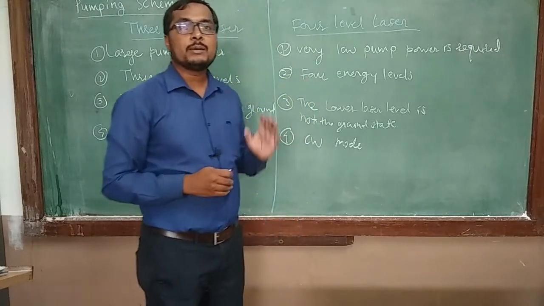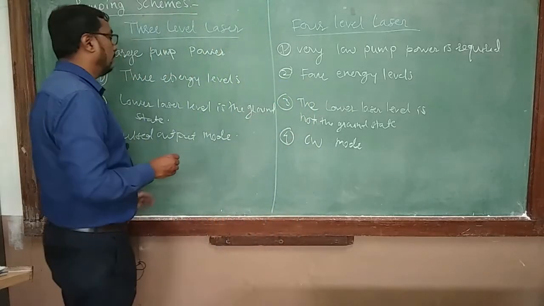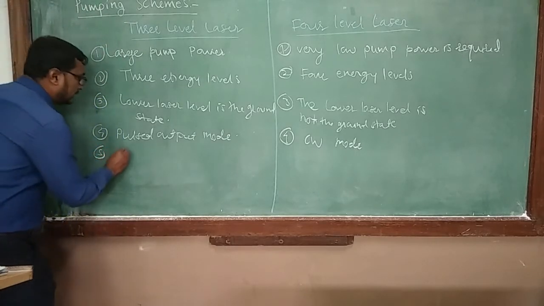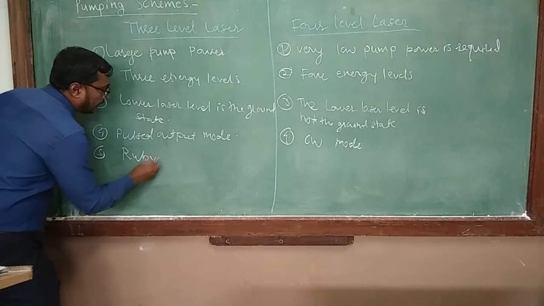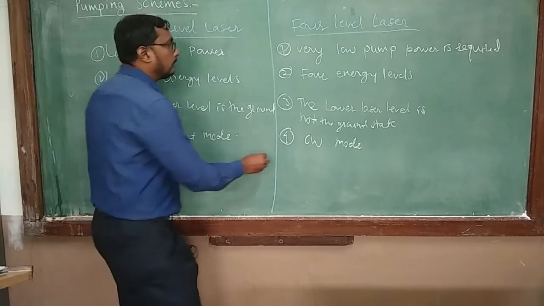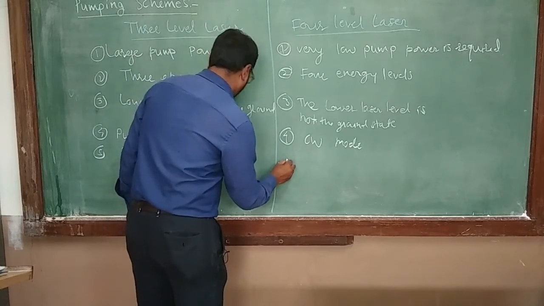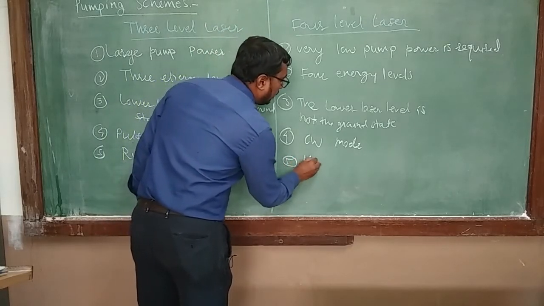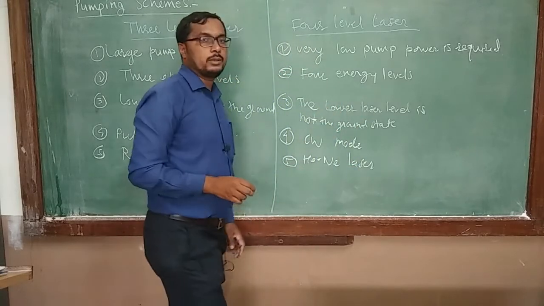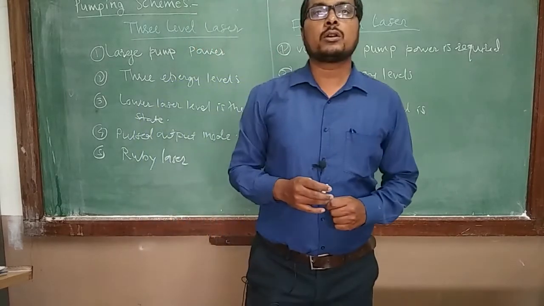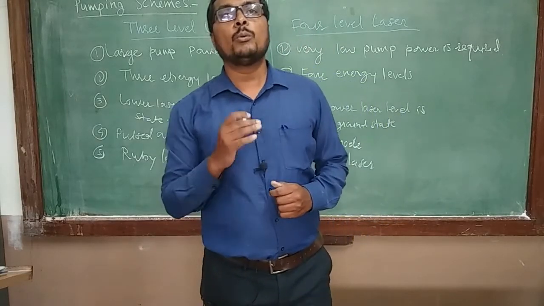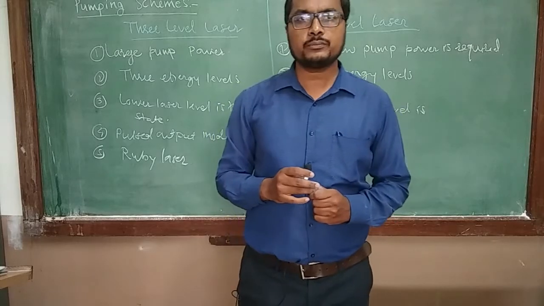An example of a 3 level laser is the ruby laser, and an example of a 4 level laser is the helium neon laser, or HeNe laser.